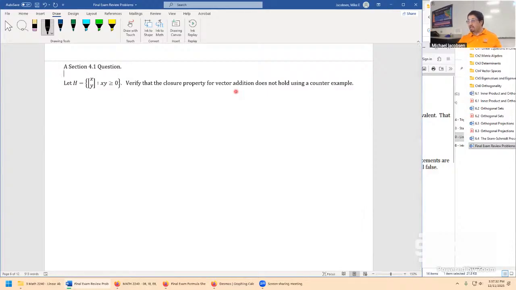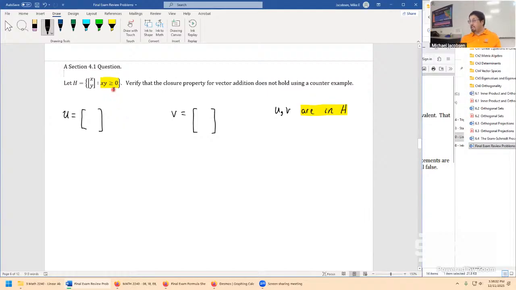So a counterexample means we need to come up with a particular vector u, another particular vector v, where both u and v are in H. And we can determine they're in H by that set membership condition. The product of their entries has to be non-negative. So we can only start with vectors that came out of the set in the first place.